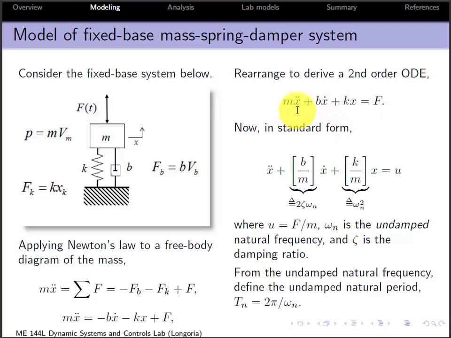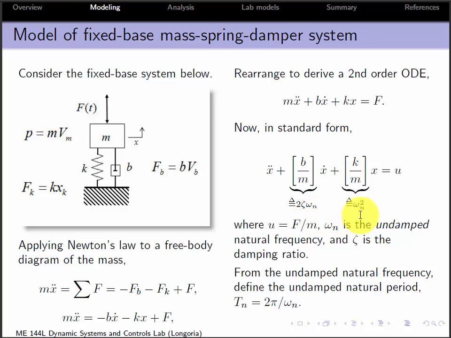So you just divide by the term on the x double dot term, and it allows you to define the coefficient in front of the x dot term as 2 zeta omega n.